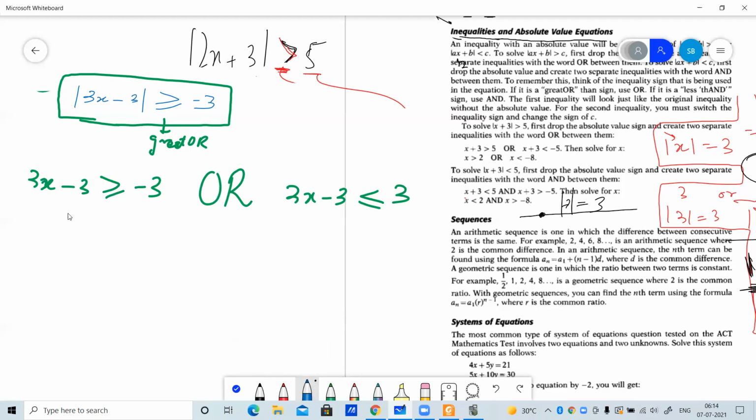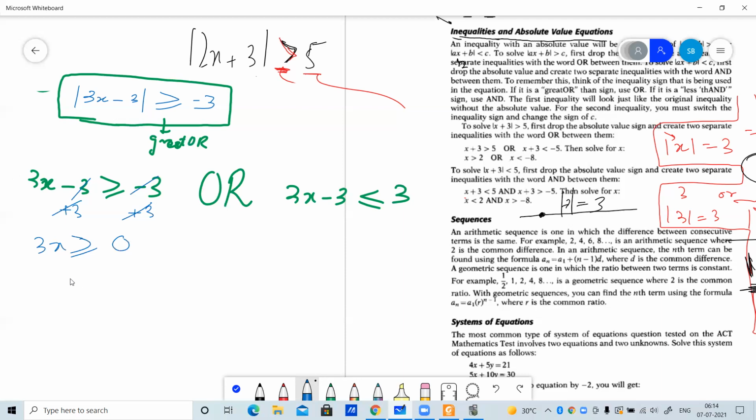Now what will you do? Add 3. It cancels, and add 3 on the other side. 3x is greater than or equal to what? How much is -3 plus 3? 0. Correct.